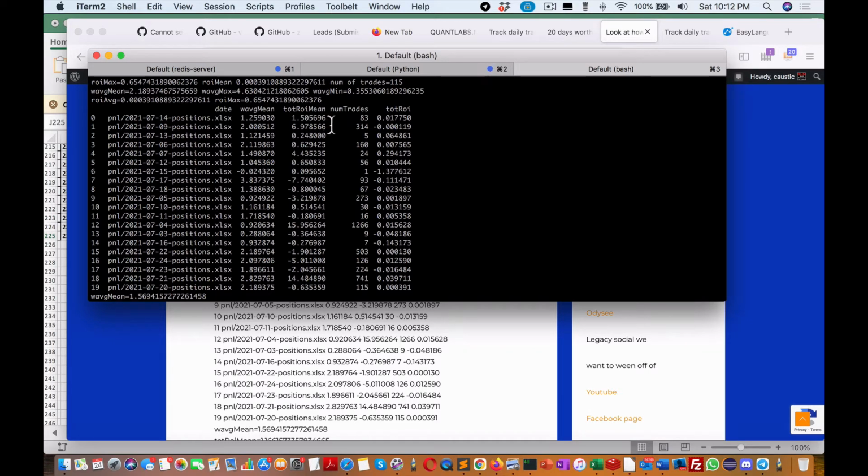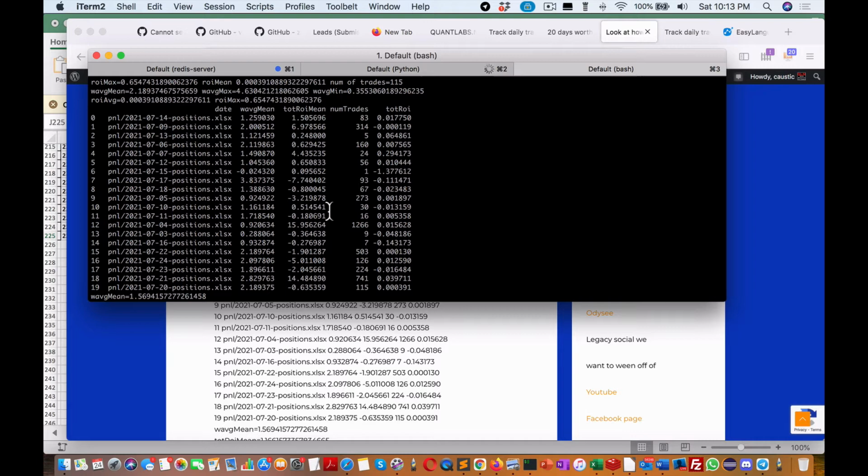So you can see here, if I sorted this out, you can clearly see patterns where you'll get a couple of days of negative mean of the ROI for quite a while, and then you get a big profitable day.